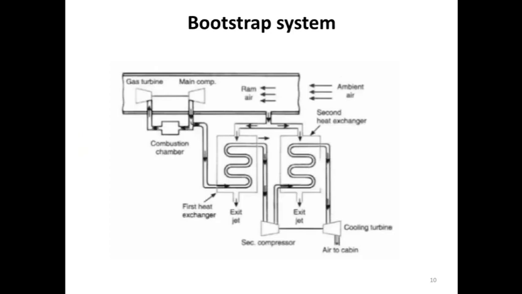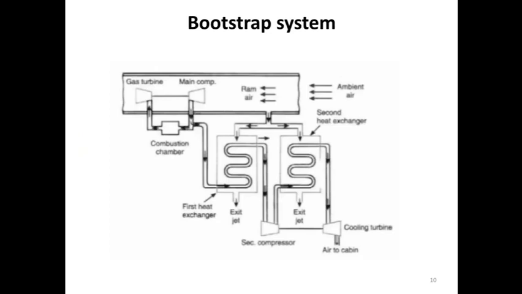Here you can see the bootstrap system, where the ambient air comes from the ambient and goes to the aircraft, where the ramming process takes place. From there it goes to the main compressor, where 80% of the air goes to the combustion chamber or aircraft engine, and the remaining 10 or 20% of the air we draw for the AC unit or refrigeration unit.